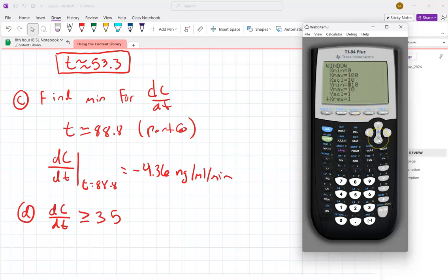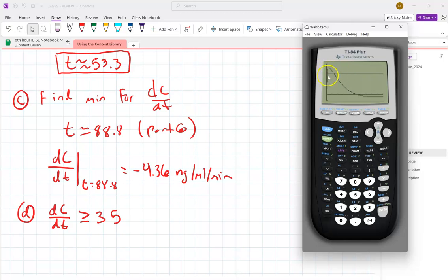I have to increase my maximum for y so that I can see it. I might have to zoom in a little more on my x to get a good picture. So this is my graph of dC/dt, and there's 35.